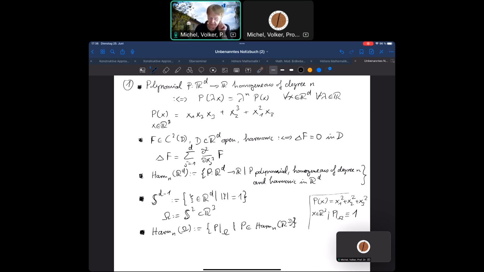Okay, now, once again, as a summary of part one of the talk, we take the homogeneous polynomials of degree n on Rd which are harmonic on Rd, and then we restrict them to the unit sphere. And for us, it's now d equals 3.